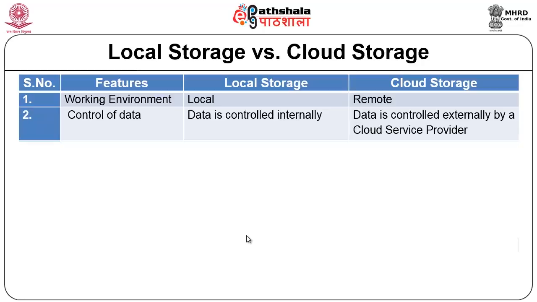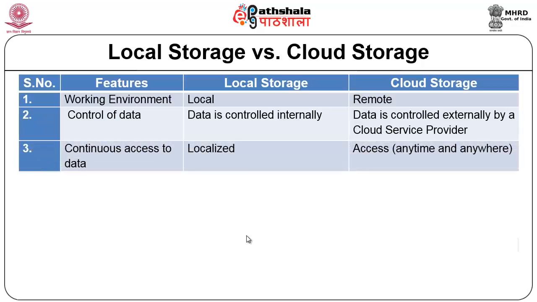All these are under the control of the service provider and not in the control of the cloud user, which is totally in contrast to what happens in a local scenario. Then continuous access of the data: in local storage it is localized access, in cloud it is anytime anywhere access. How do we distinguish between these two?